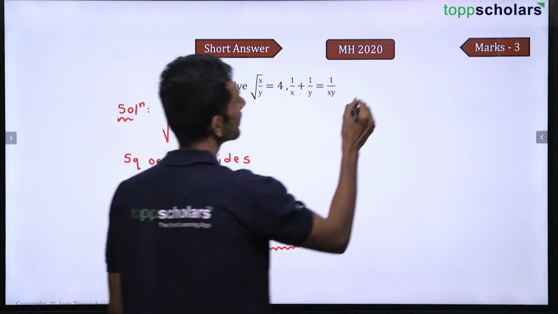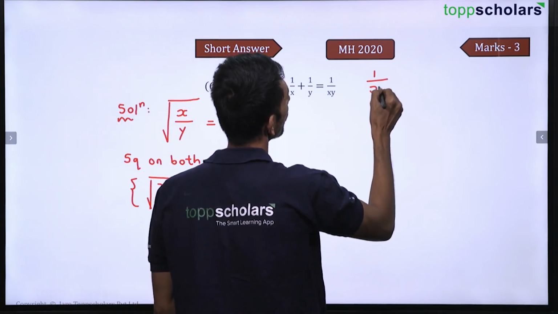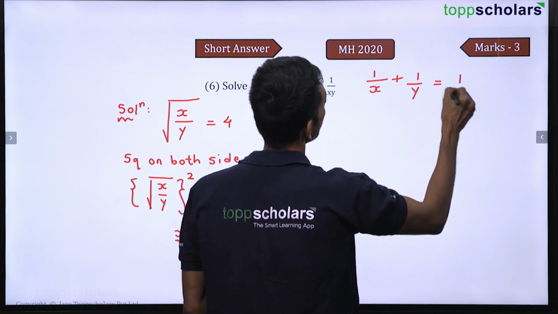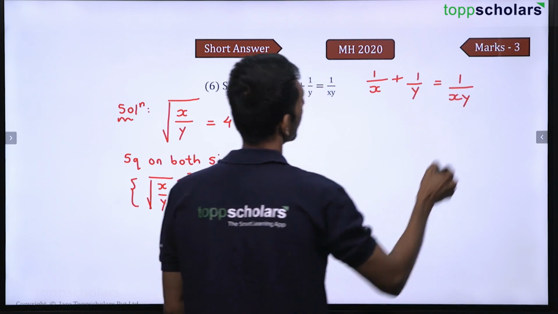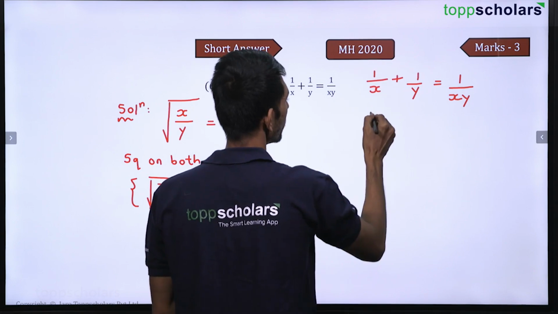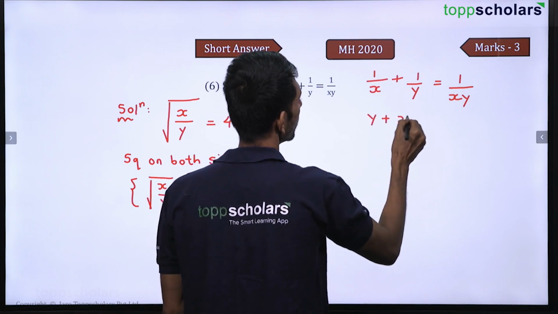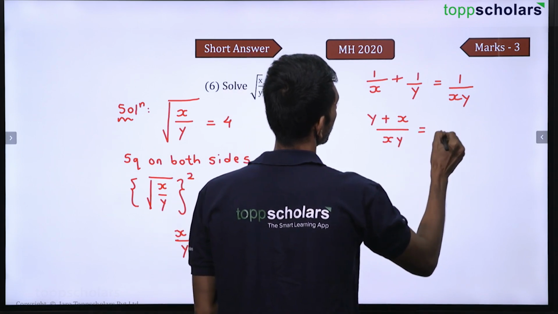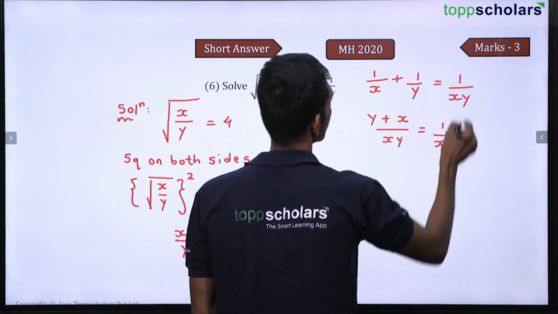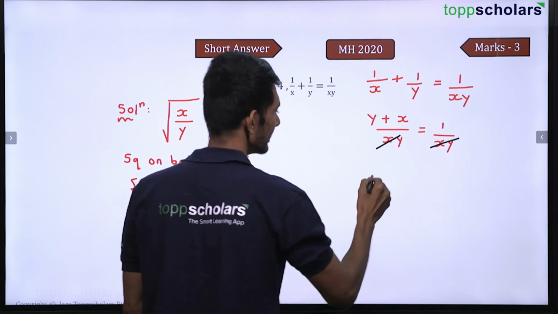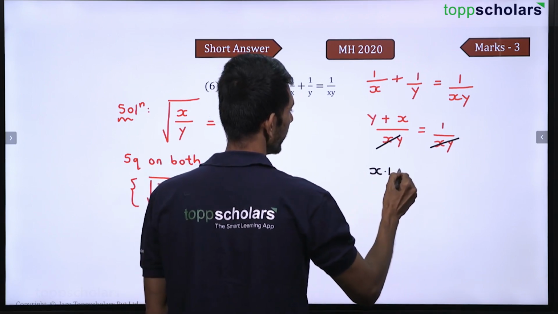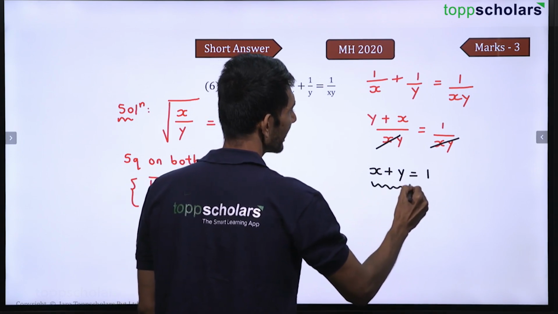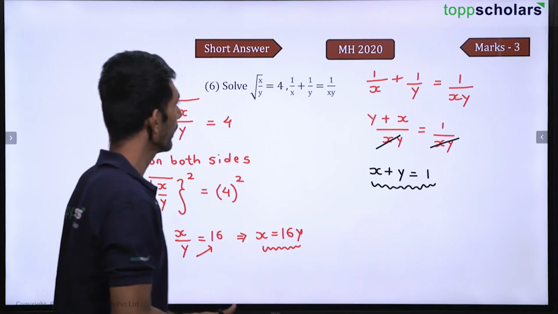Now what do I have? I have 1 by x plus 1 by y is equal to 1 by xy. So cross multiply. y plus x by xy is equal to 1 by xy. xy gets cancelled. So can I say x plus y is equal to 1? This is my second equation. But what do I have?